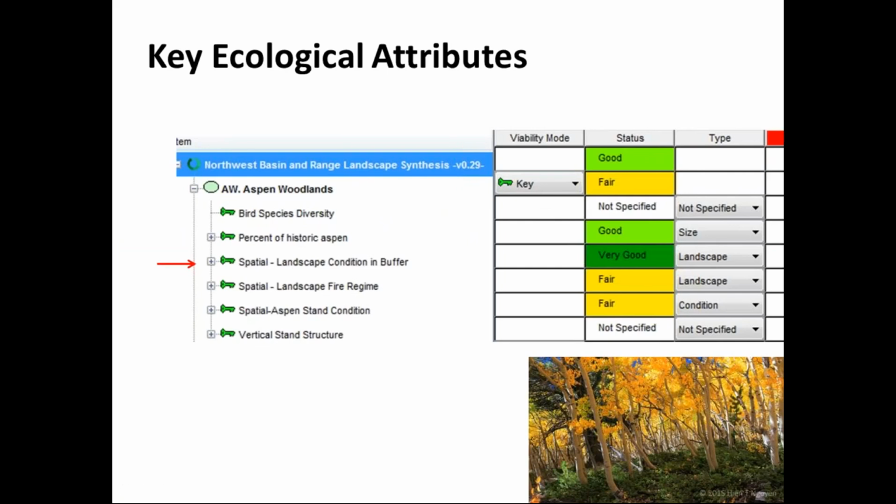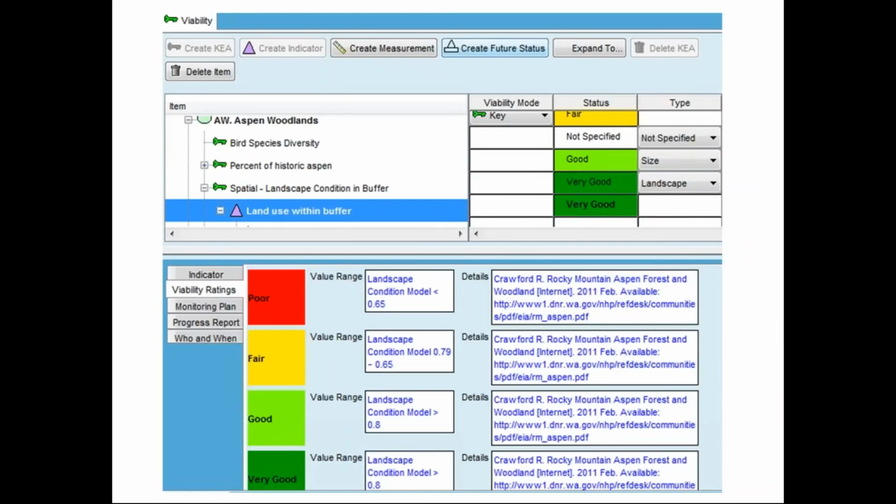Another aspect, looking at this key ecological attribute, is the landscape condition in the buffer zone around an aspen stand. If you look within 200 hectares around an aspen stand, that is a key indicator of the health of the stand.